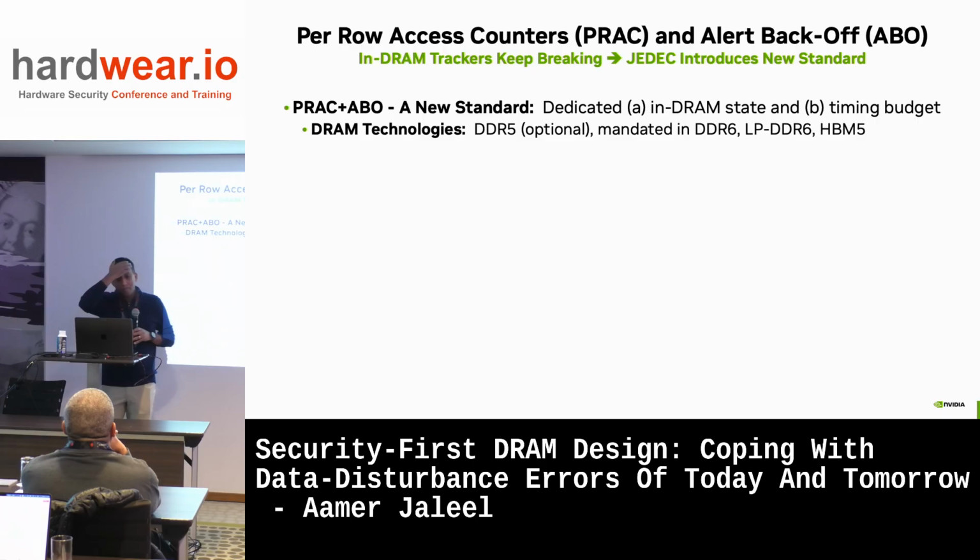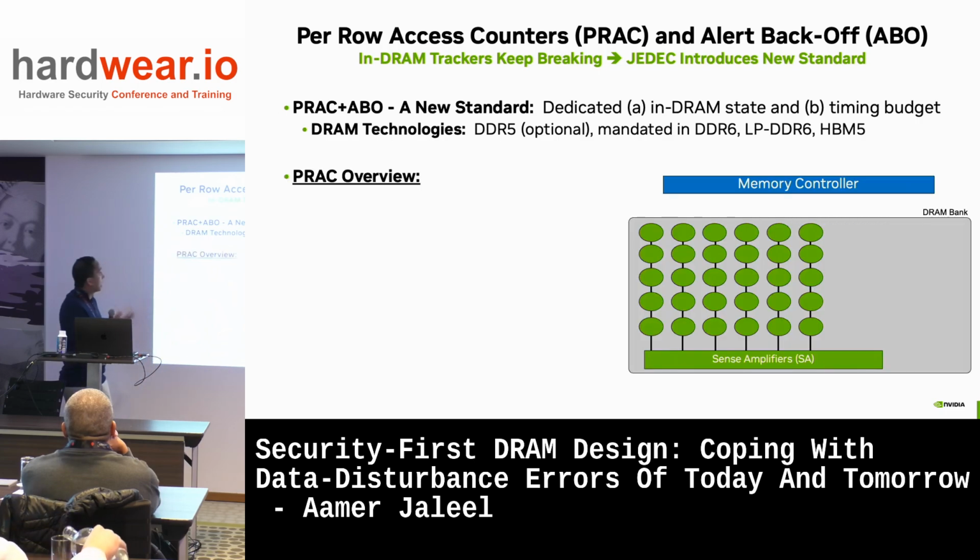This is the per row access counters, where DRAM is now going to be having dedicated in-DRAM storage and a timing budget, right? So this technology, PRAC, is optional in DDR5, but it's going to be mandated in DDR6, LPDDR6, and most likely in HBM5 too.